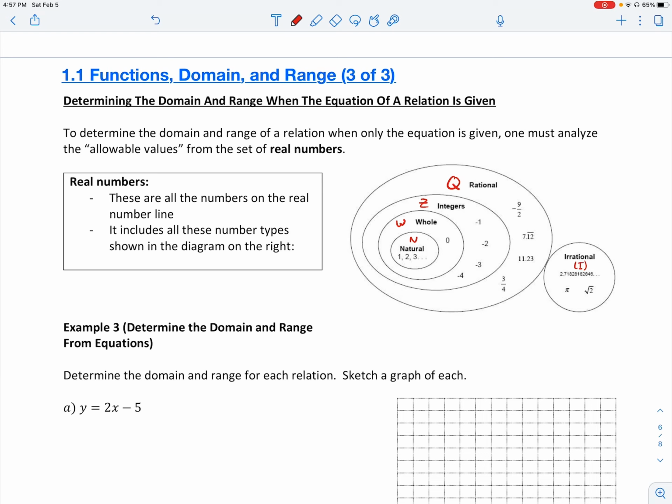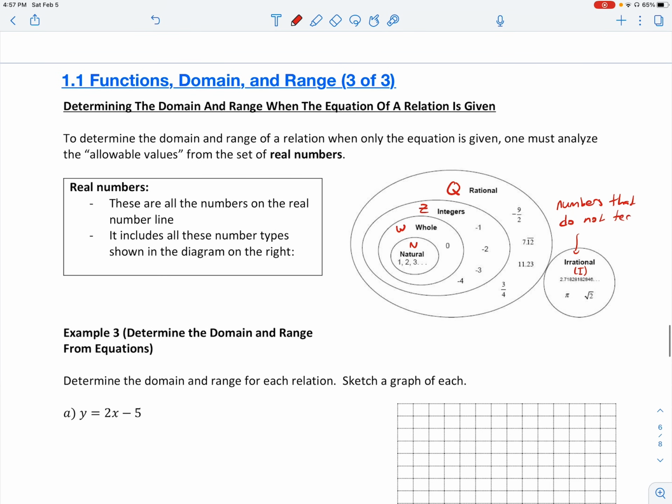And these numbers are basically decimal numbers that do not terminate or repeat. So I'll add that in here: numbers that do not terminate or repeat.